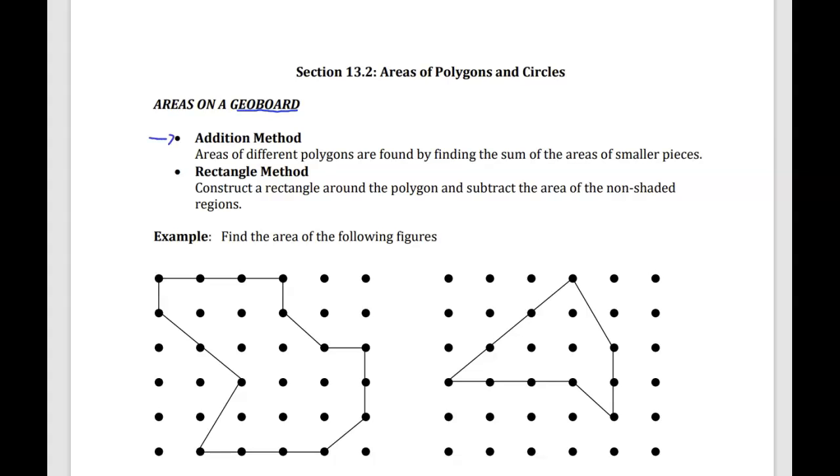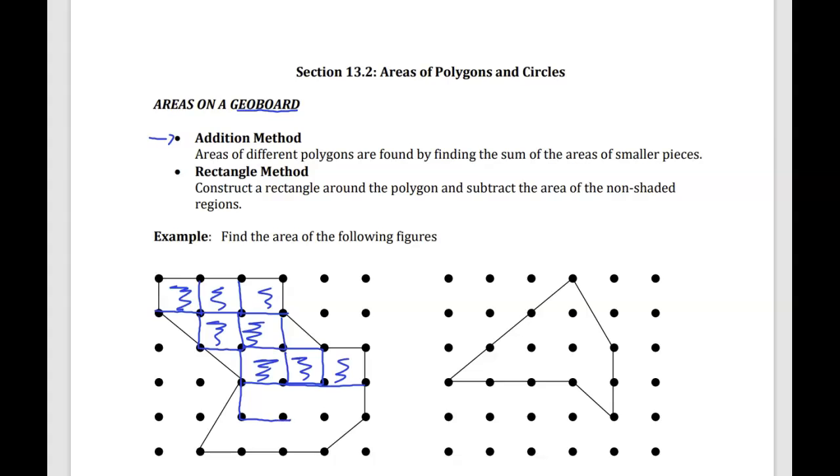We have an addition method, and that's where we take the area and add up all the little pieces to find that area. And so what that means is I'm going to divide up, and so like this is 1, 2, 3 squares here, and here's a square and a square, and then here's another square and a square and a square.